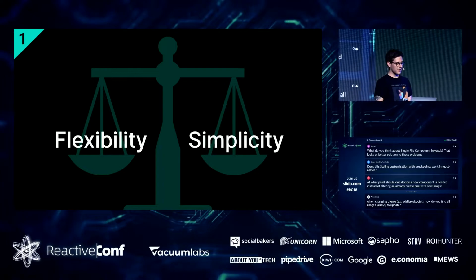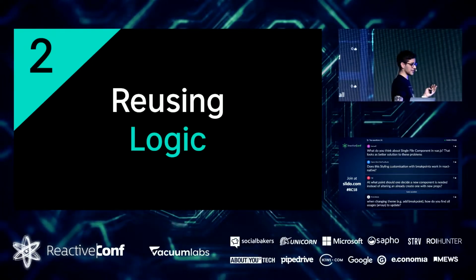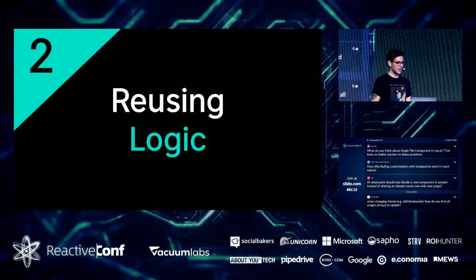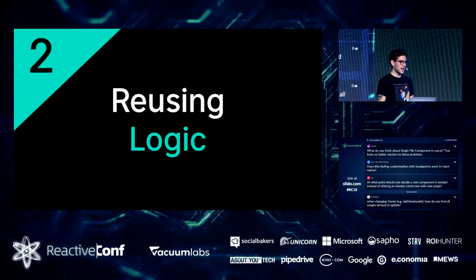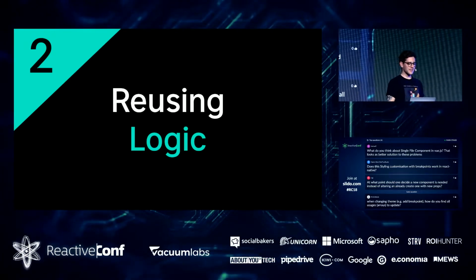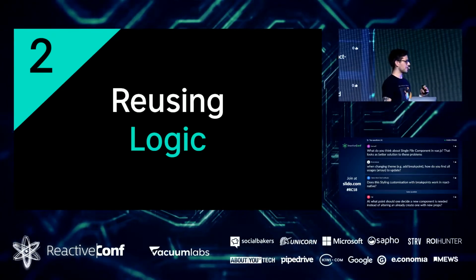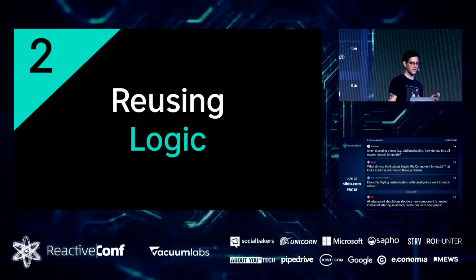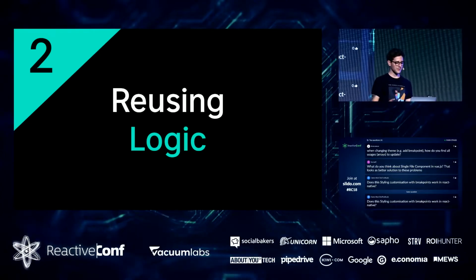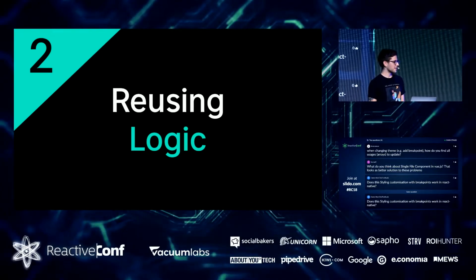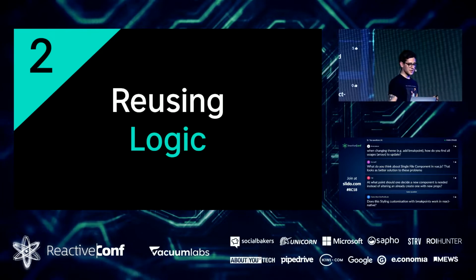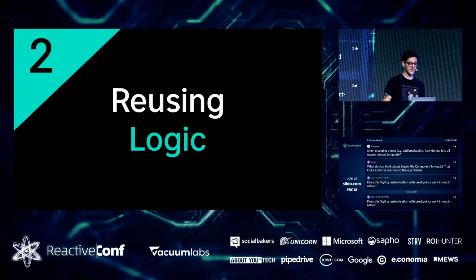All right, but now let's look into reusing logic. So again, I want to give you some examples. Some common examples for logical components would be something like toggling a menu, handling some drag and drop stuff, but also doing some state management, some API calls, and something like this.